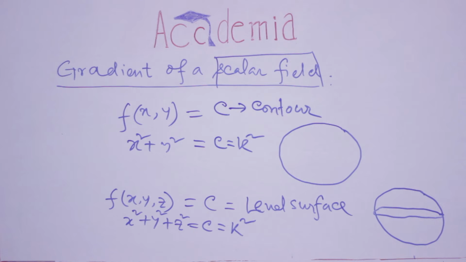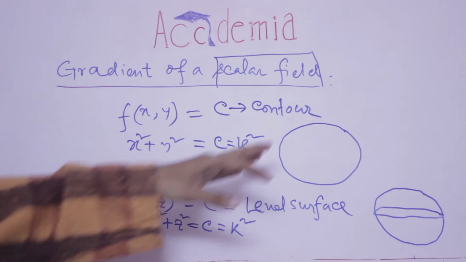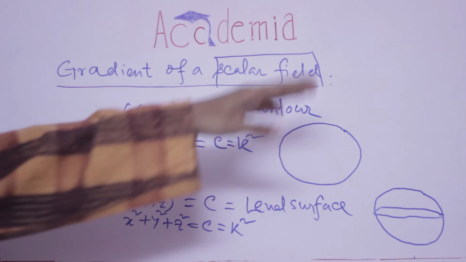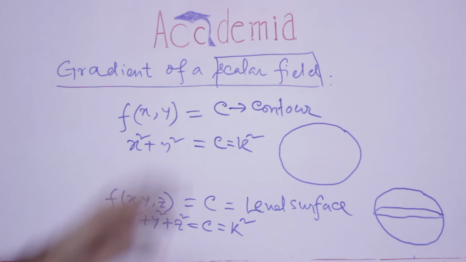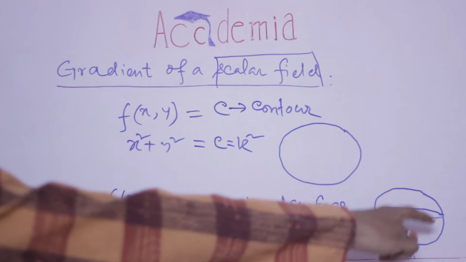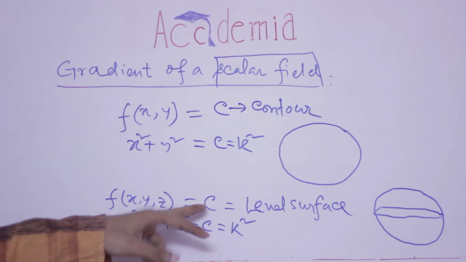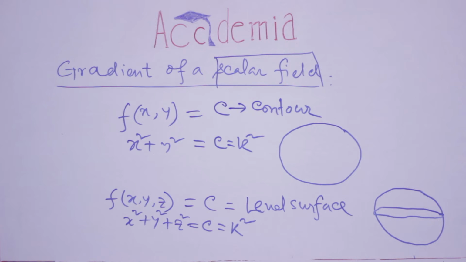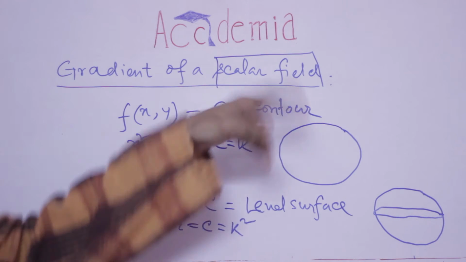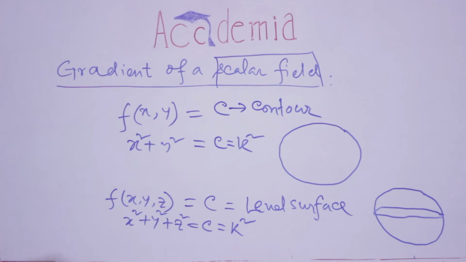So this is a level surface and this is a contour, and the value of the function f at any point on this level surface is constant, that is the value c. Whereas on every point on this contour, the value of the function f is constant, which is c again.